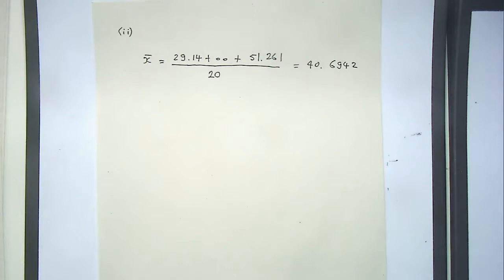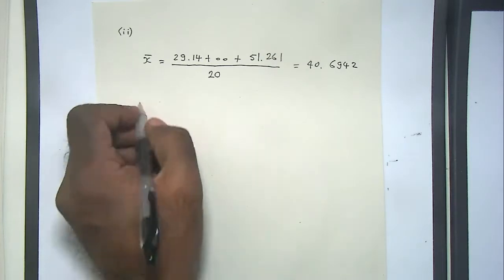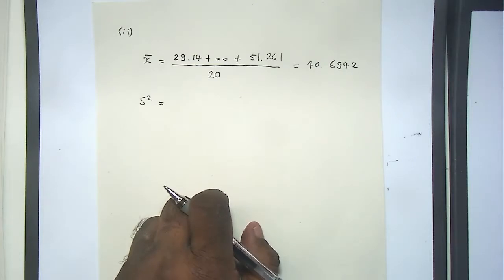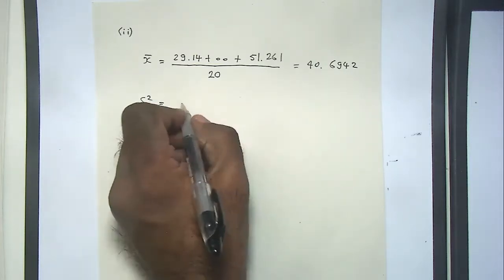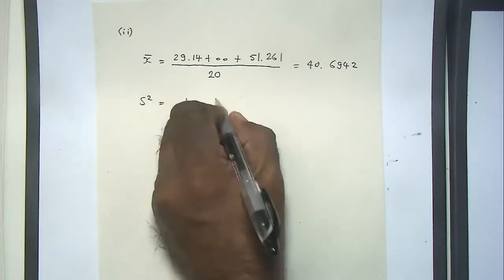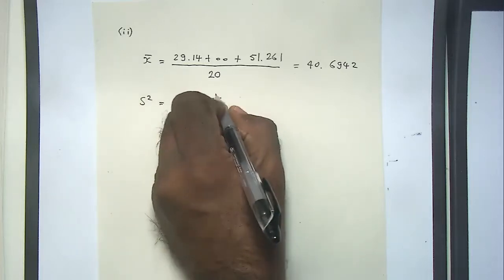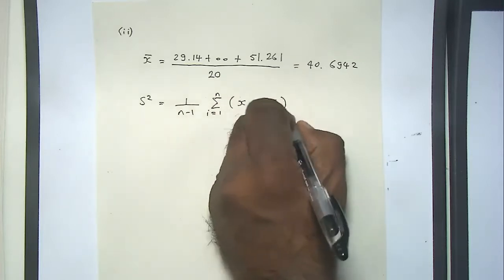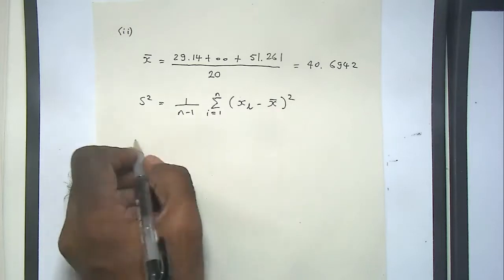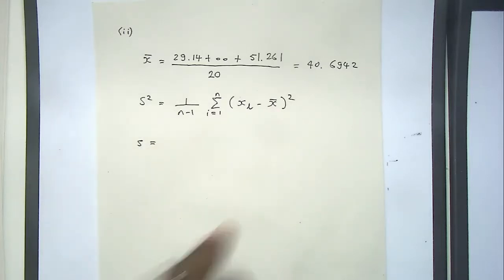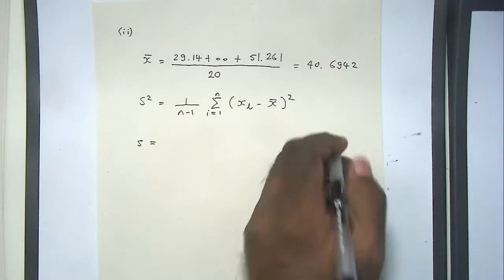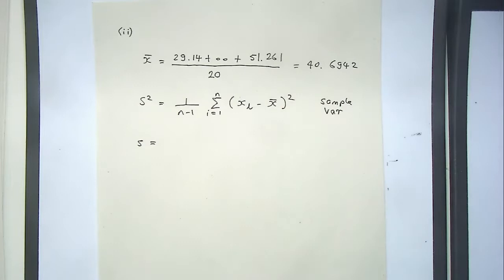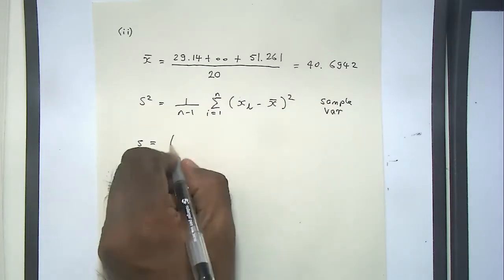And then the sample standard deviation. Remember the formula for the sample variance, which I've corrected in the lectures, is like this. This is the formula for the sample variance, and the formula for the sample standard deviation is simply the square root.